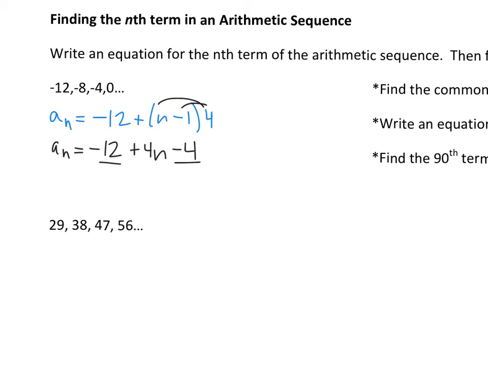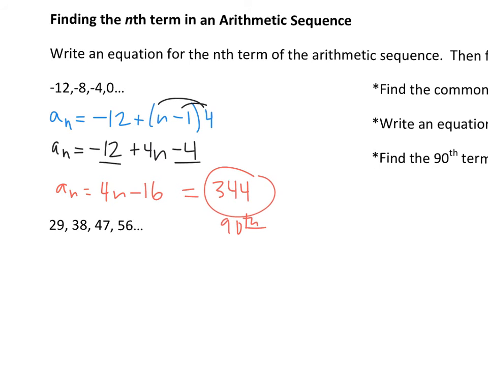So here, a sub n equals 4n minus 16. I can just rearrange that. Now, if I want to find the 90th term, I'm just going to plug in 90, right? So 4 times 90 minus 16, and I get 344 for the 90th term.